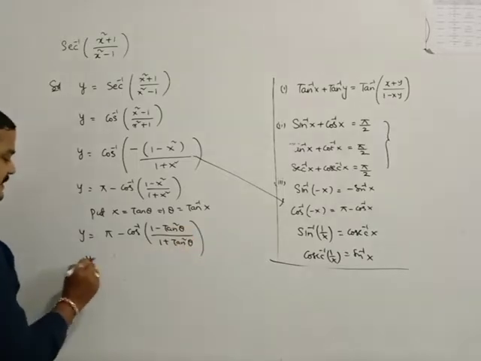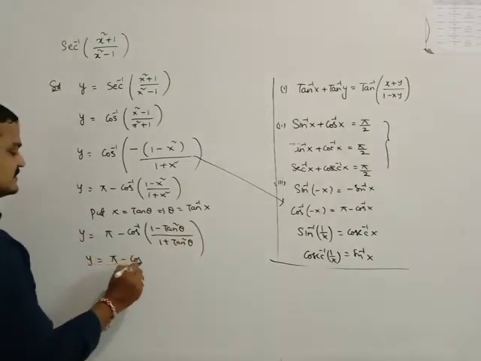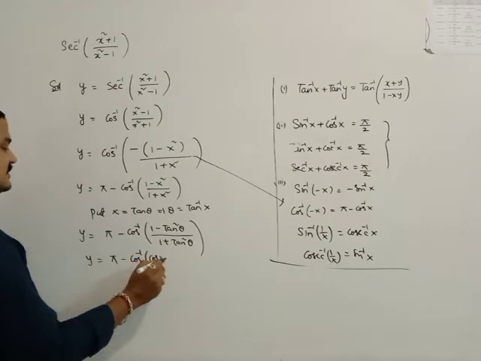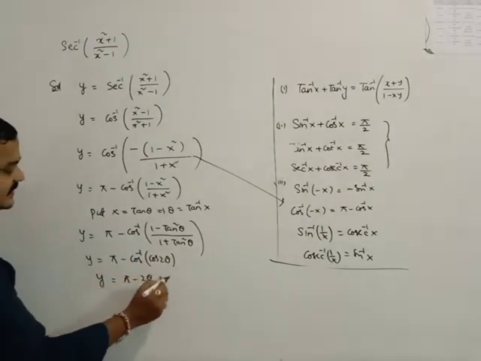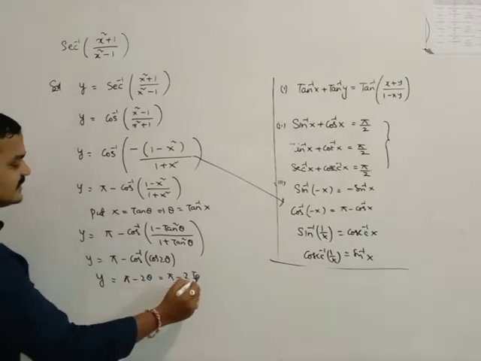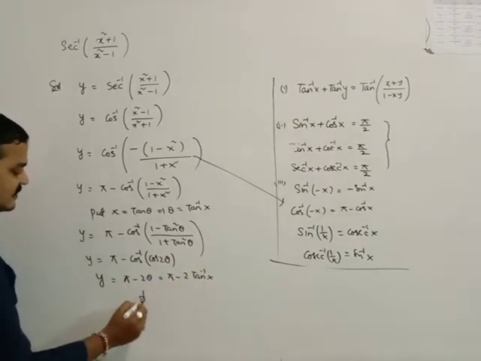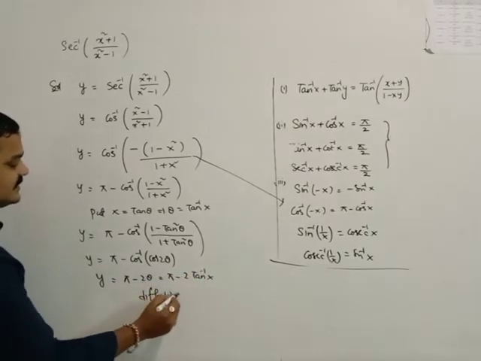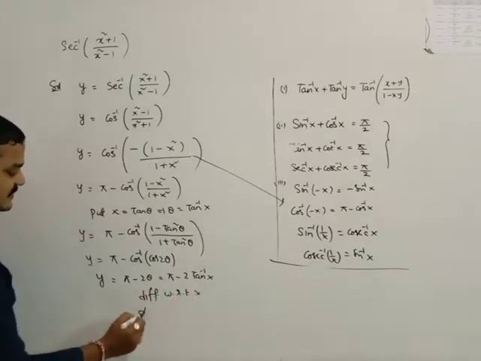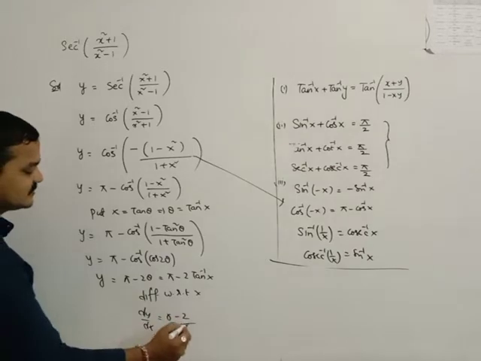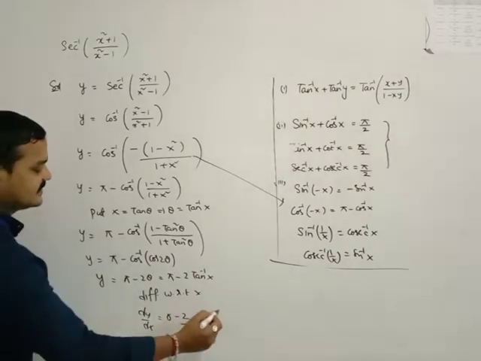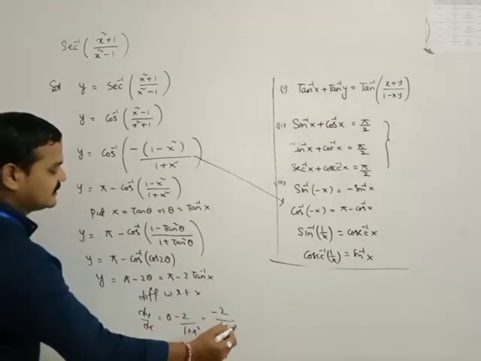So that is pi minus cos inverse of cos 2 theta, so y is equal to pi minus 2 theta, that is pi minus 2 tan inverse of x. Now differentiate with respect to x. Finally, dy by dx is the derivative of pi, which is 0, minus 2 by 1 plus x square. The answer is minus 2 by 1 plus x square.